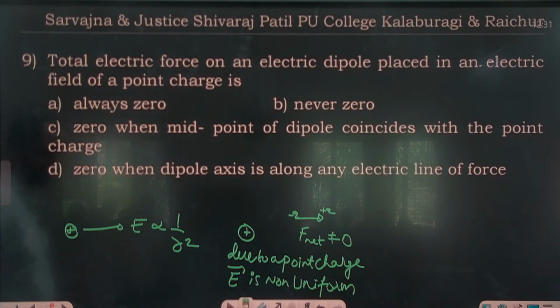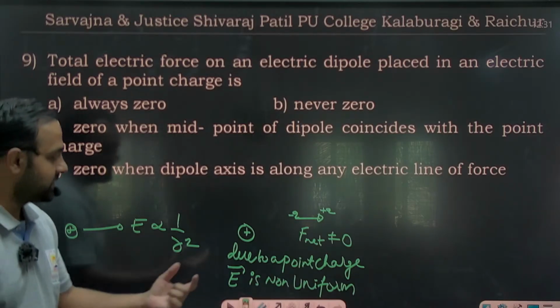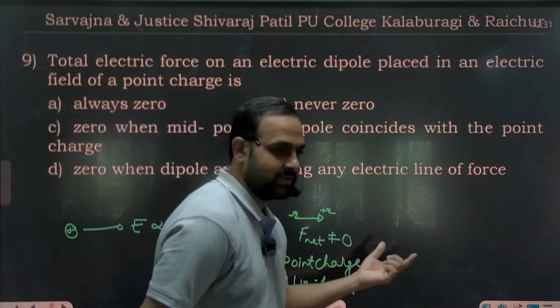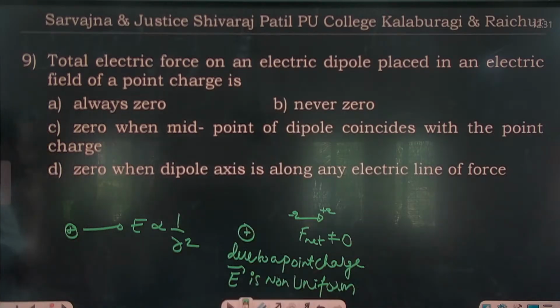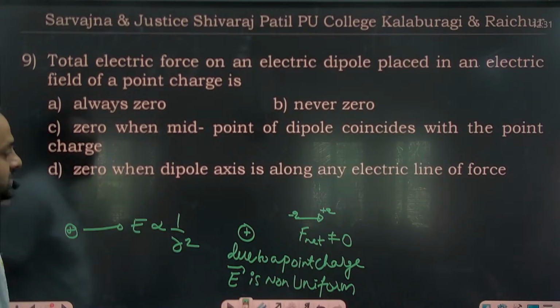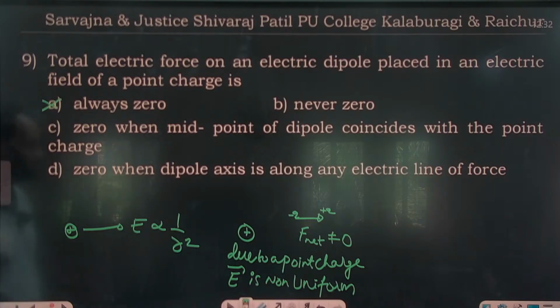My argument is, yes, you can say that the net force will be 0 if this dipole is quite far away from the point charge. So it may be 0. The option says it is always 0, which is not possible. Never 0? Yeah, this is possible.